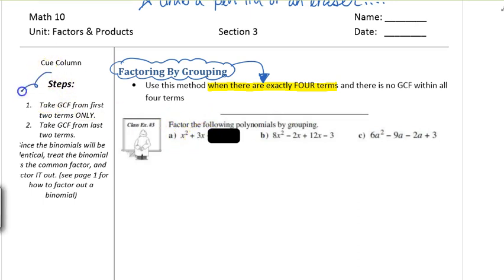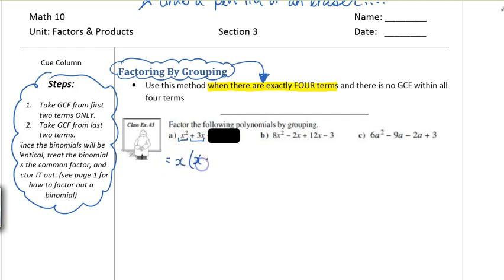I like steps on the side. Step 1 is remove the GCF from the first 2 terms only. So in this situation, I just want to look at these first 2. And the only thing that's common here is an x. What's left behind is an x plus 3. Now we're going to take our pen lid or our eraser and move it over here.